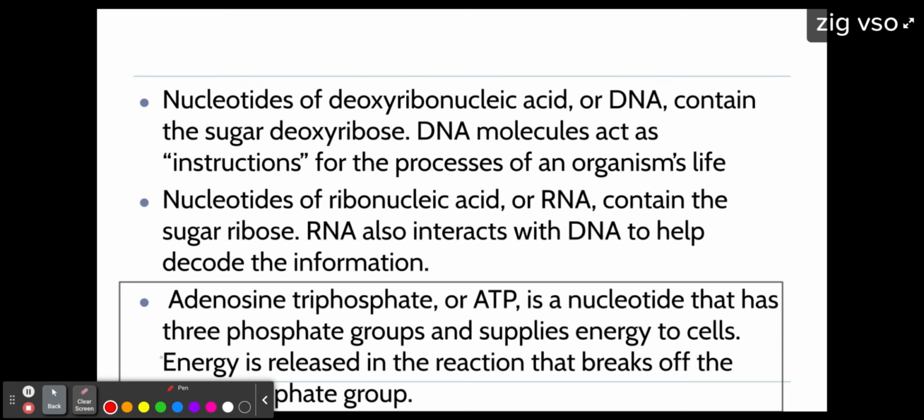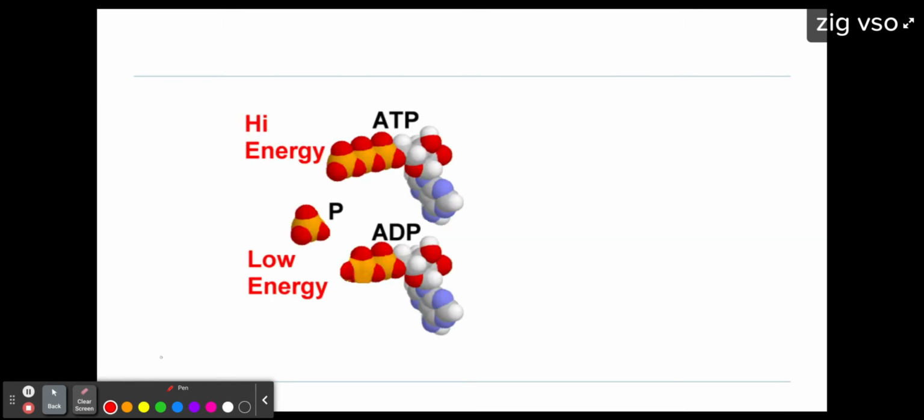And then you have ATP, or adenosine triphosphate, which is a nucleotide, not a nucleic acid because it's a single unit. It has the same structure, though. It has three phosphates. So the tri means three. The high energy state of this is ATP, where you have three phosphates.